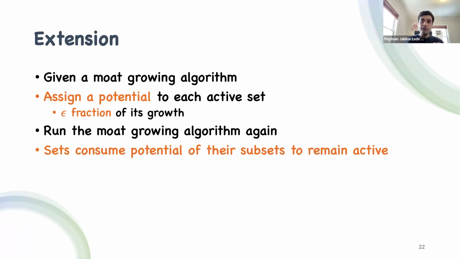This time, if a component wants to become inactive, but it or its subsets have potential, we let it consume the potential and remain active for that duration of time. So basically, we are just increasing the total growth by some small factor to make sure that we are not under-connecting vertices compared to the optimal solution.